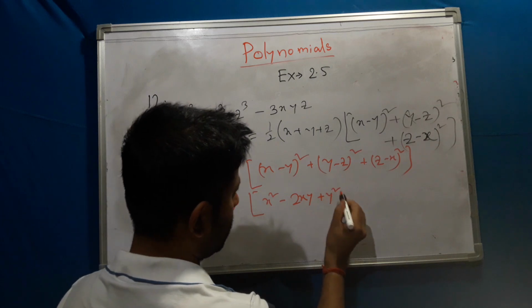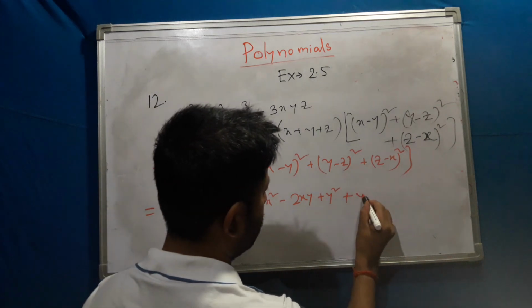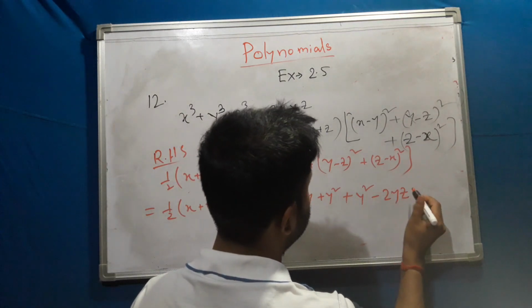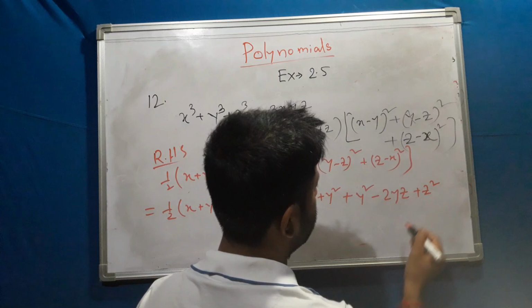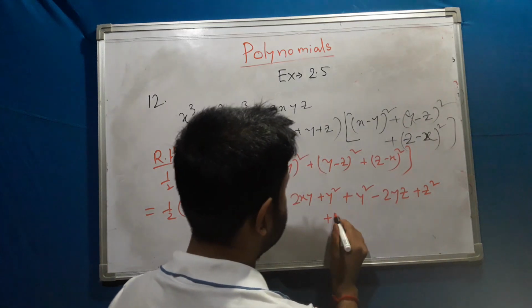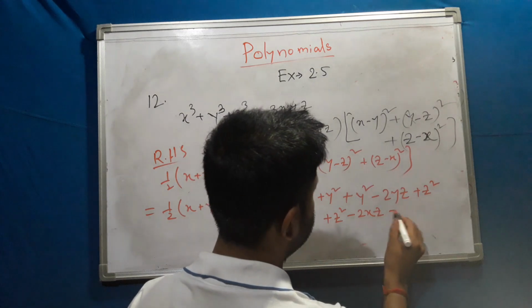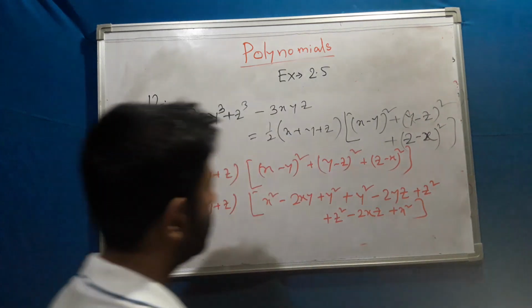2xy plus y square, here also y square minus 2yz plus z square, plus z square minus 2xz plus x square.